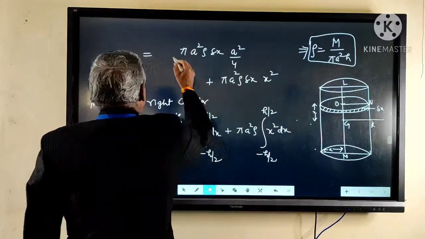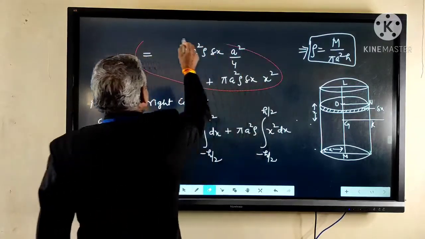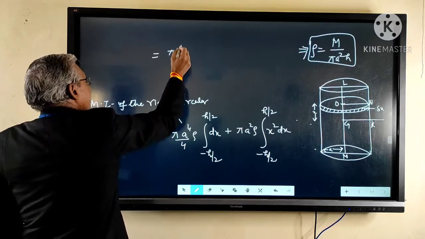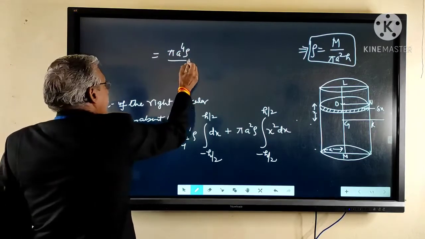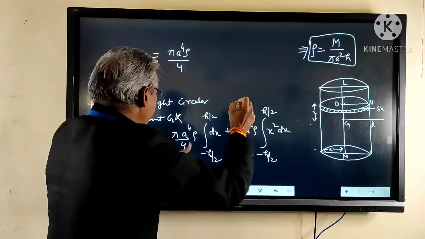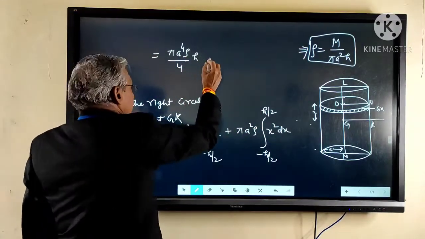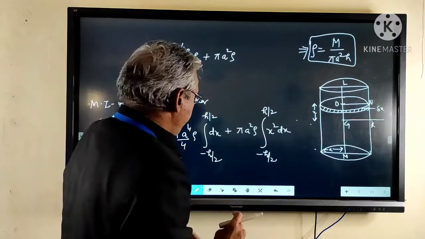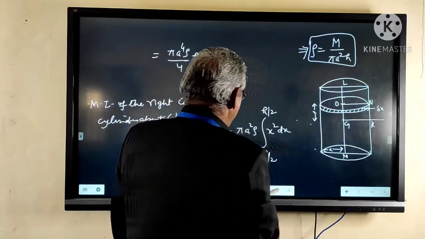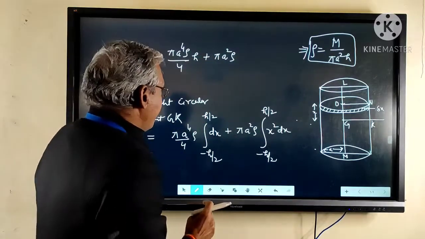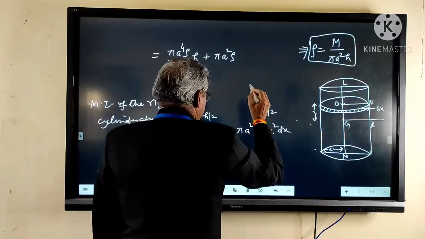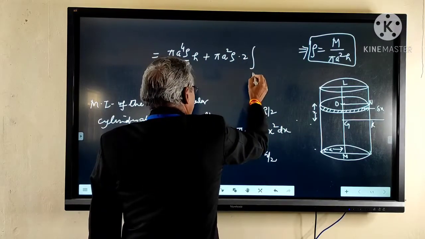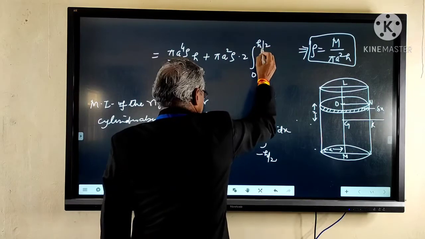This can be written as this equals to this is pi a की power 4 rho, this is upon 4. This integral is h plus this is pi a square rho and this is x cube by 3 and this can be written as it is an even function, so this can be written as 2 into 0 to h by 2.